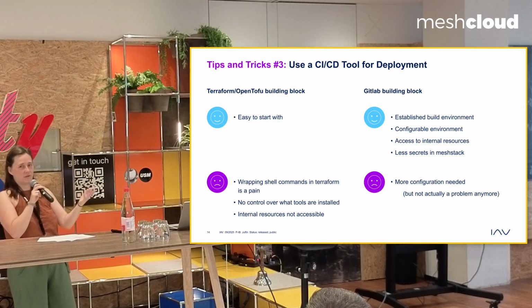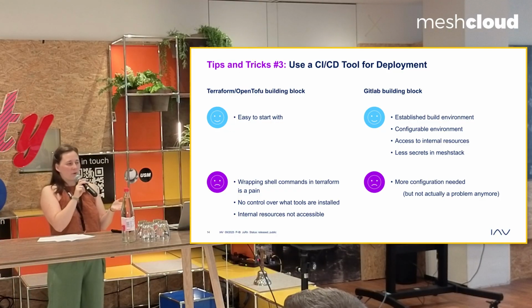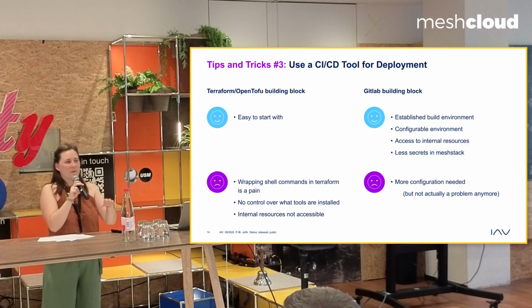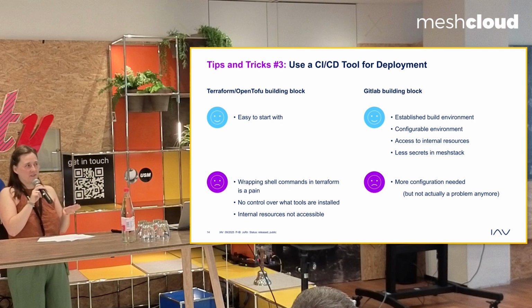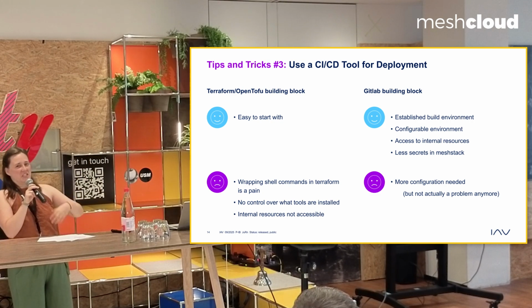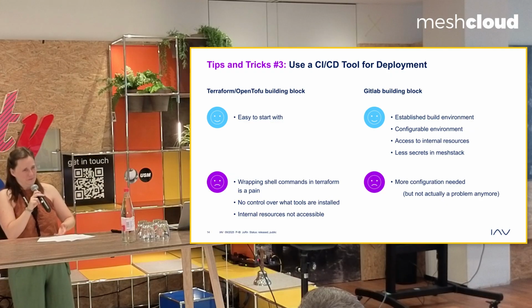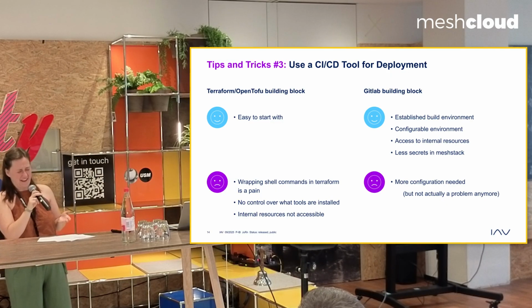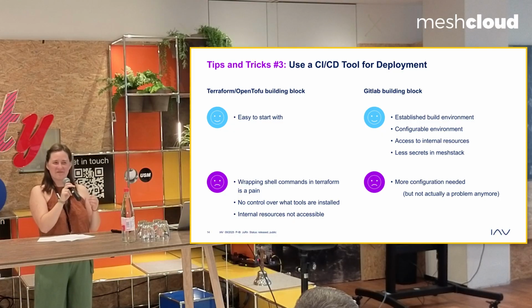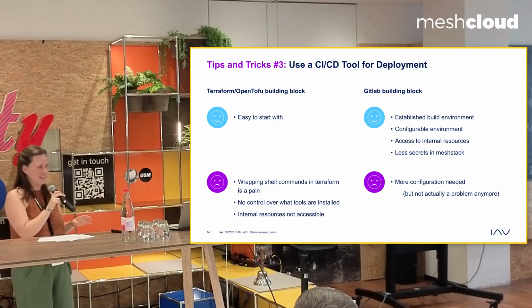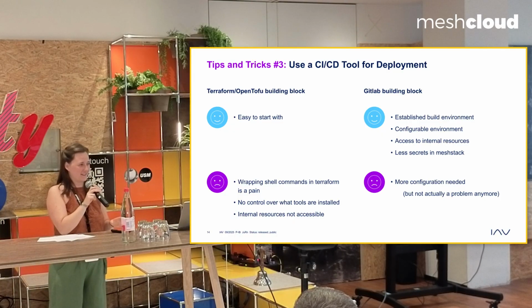You just need a repo with some Terraform code, and then you run that. But you run into problems as soon as you do something that's not natively Terraform. So we started wrapping shell commands in Terraform, and it's not made for that. It does very weird things, and it's just really ugly. So you don't want to do that.